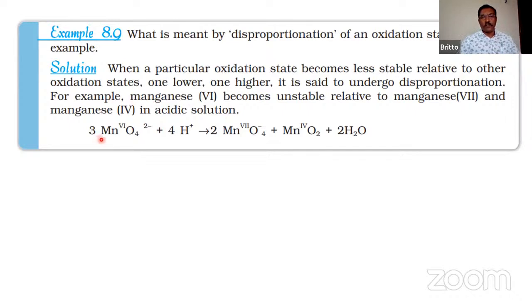அதுல வந்து if you look at MnO4 2 minus. Okay, so this one is manganate. MnO4 2 minus is manganate ion.